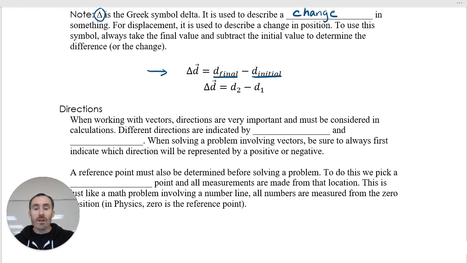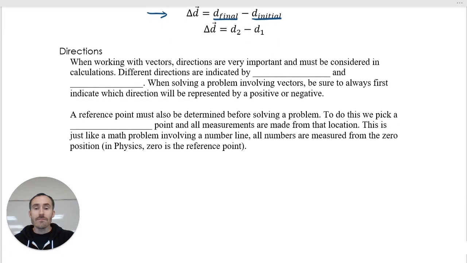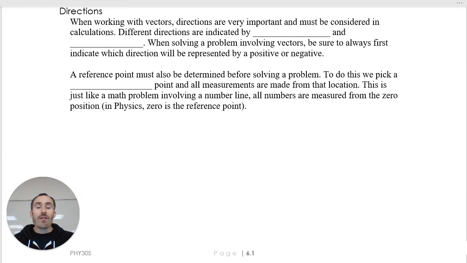When we're working with vectors, directions are very important and they have to be considered. Vectors, by definition, have a size and direction. You can't forget the direction part or you've missed half of the problem. Different directions are often indicated by using positive and negative. We assign positive or negative to the directions.